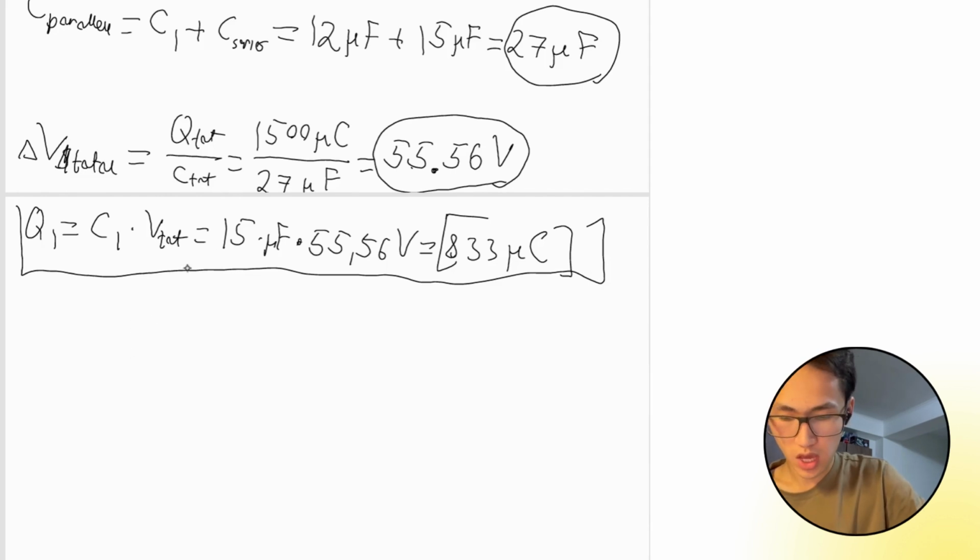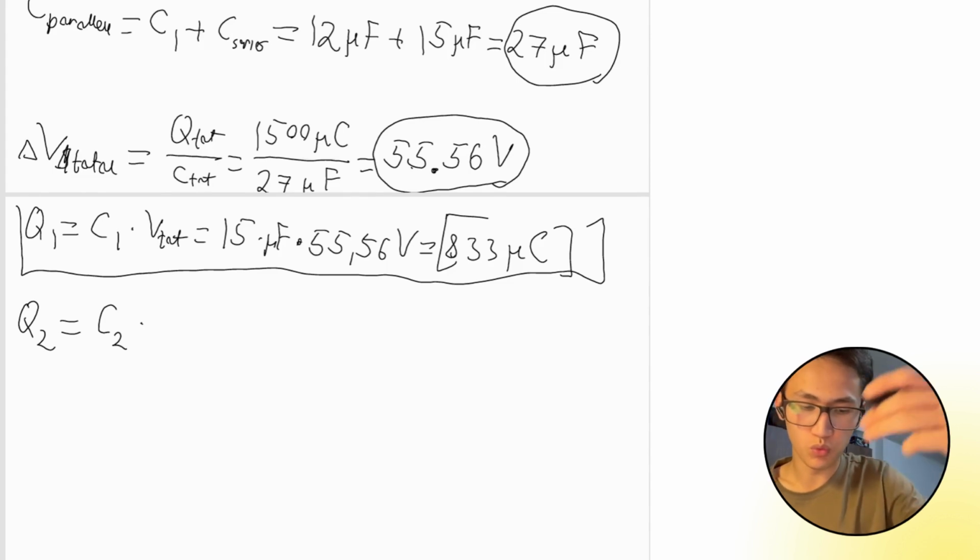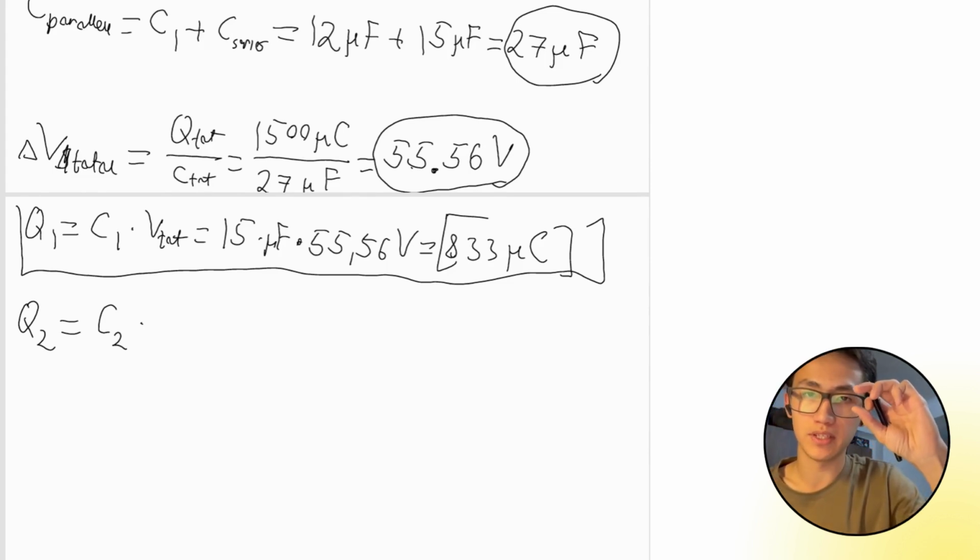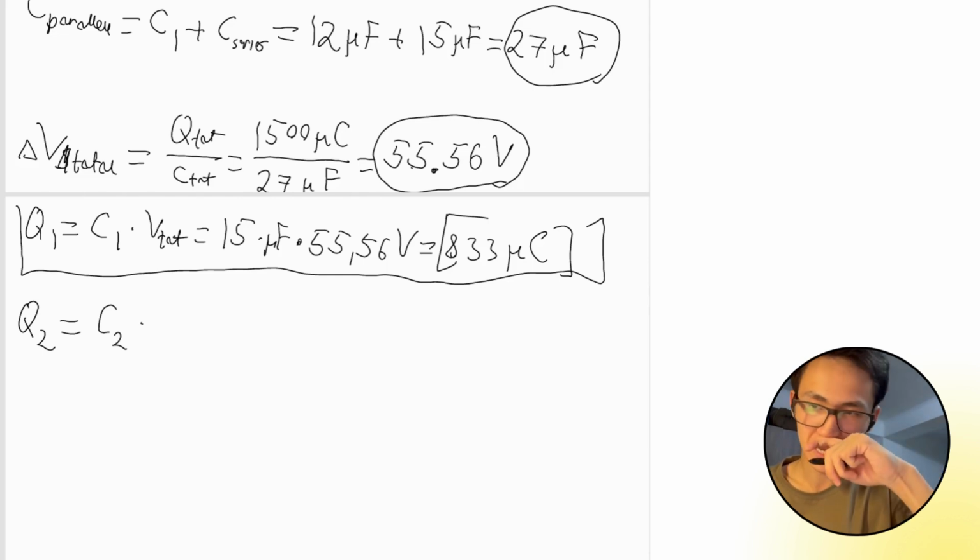For Q2 we use the same formulation, but we need to use the series capacitance. Because when capacitors are connected in series, their charges are the same, but voltages aren't.